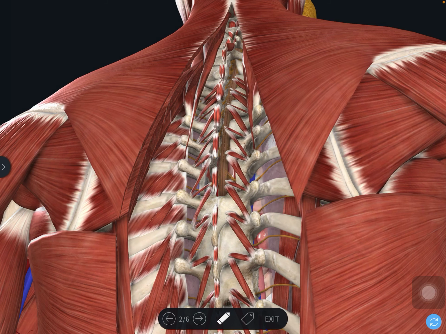Then it intervenes in the endothoracic fascia between the costal pleura. So here in this place it is appearing in the endothoracic fascia. So pleura covers the lung. We have the parts of the pleura, costal pleura.